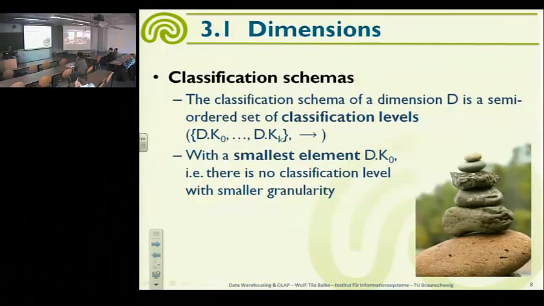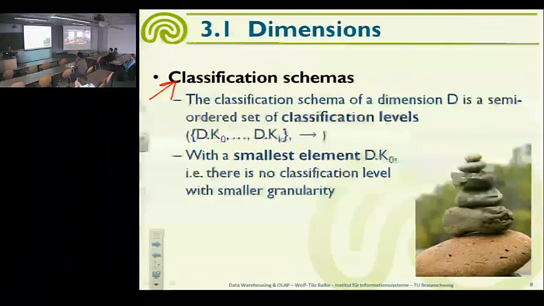So once you've identified the granularity and you started identifying these classification levels, these hierarchies, you have to say somewhere that these are my dimensions and these are the levels that I have, so that when the query comes, it knows exactly which hierarchy, which classification level to address. And this is basically documented in the so-called classification schema.